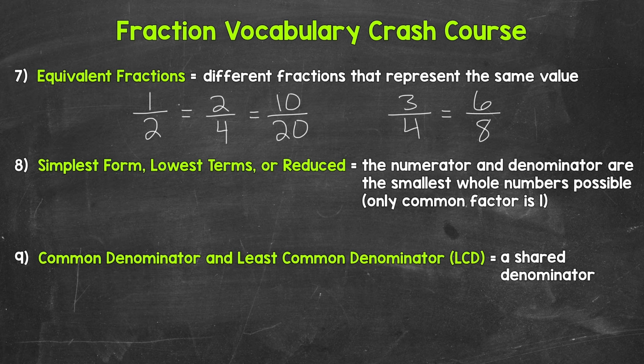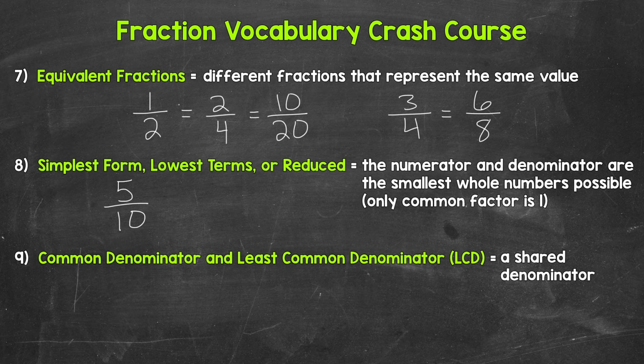Now, it's important to understand we do not change the value of a fraction when we simplify. For example, let's use something to go along with 1/2 again. Let's do 5/10.